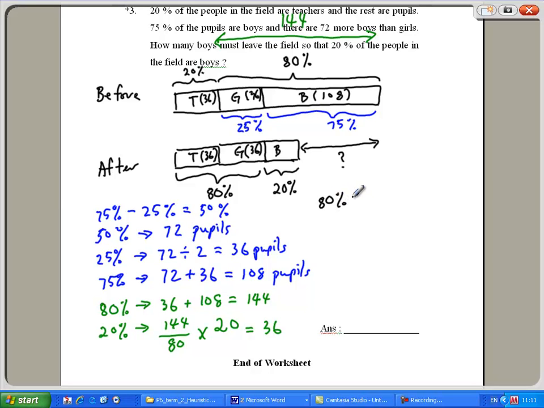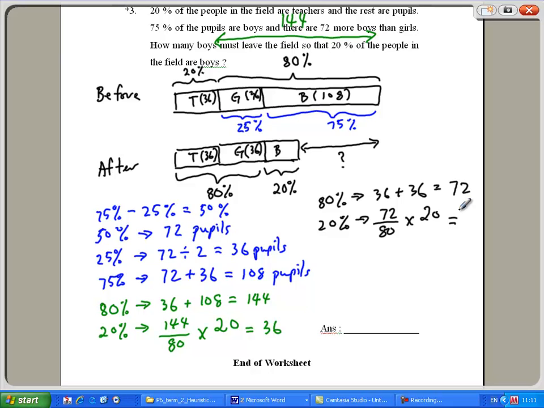So 80% is 36 plus 36, that gives us 72. And the boys is only 20%. 80% is 72, so 20% will be 72 divided by 80 to find 1%, times 20%.